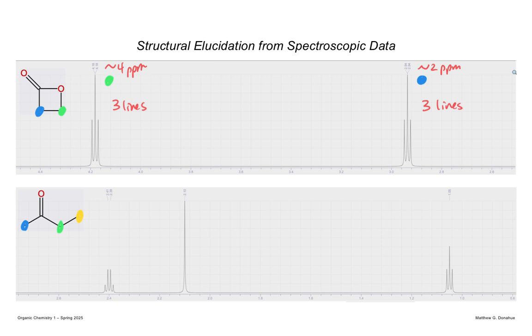Let me write some numbers down here: approximately 1 ppm, approximately 2 ppm, 2.4 ppm. Let's do it the opposite way. The signal at 1 ppm, what color dot should that be?